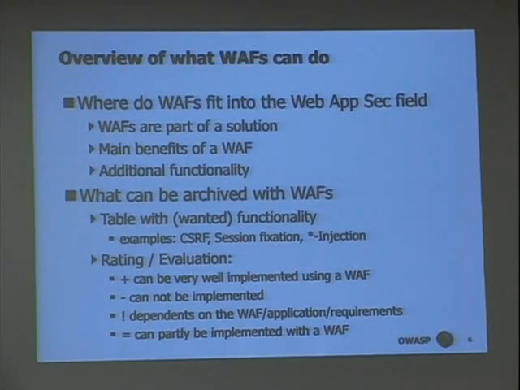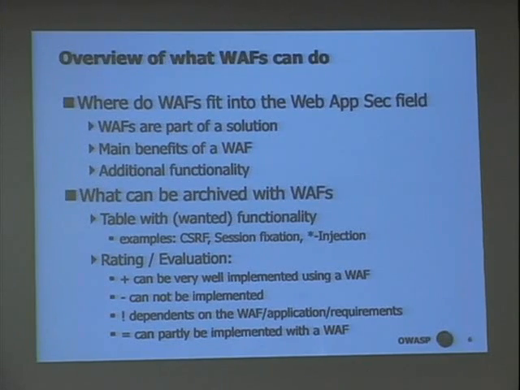Okay, and the next thing is what can be achieved with application firewalls. So it's a big table with, in brackets, the wanted functionality. It's like the business functionality you want out of an application firewall, and it goes by examples like cross-site request forgery, session fixation, some whatever injection, SQL injection, LDAP injection, XML, XPath injection, and things like that.